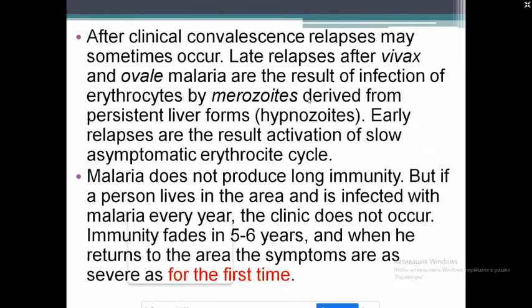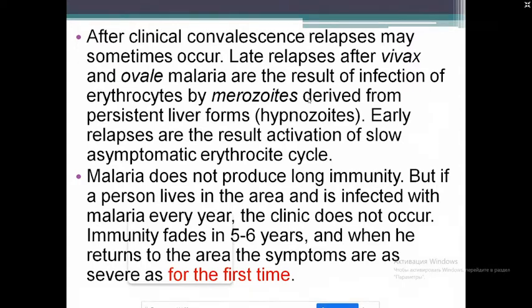Late relapses after vivax and ovale malaria are the result of infection of erythrocytes by merozoites derived from persistent liver forms, hypnozoites. Early relapses are the result of activation of slow asymptomatic erythrocyte cycle.